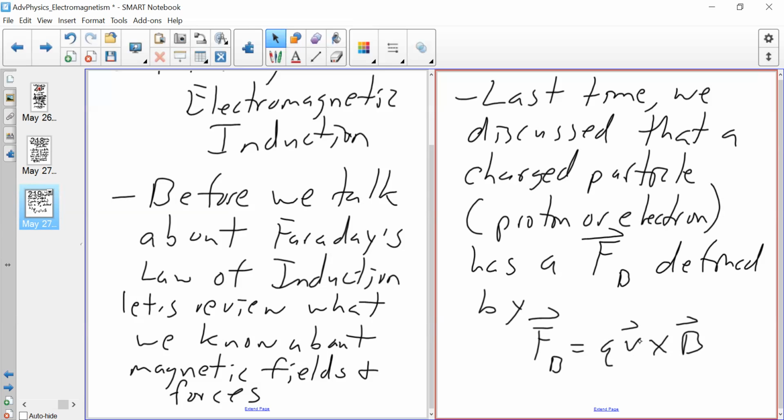So this cross product between the velocity and the magnetic field produces this new vector, which is the magnetic force.